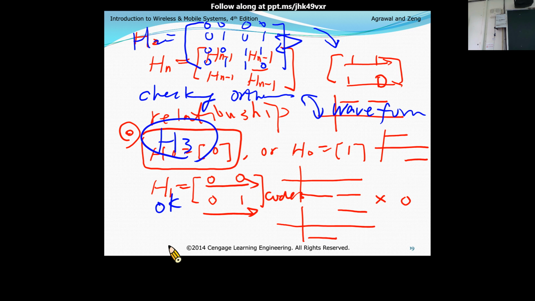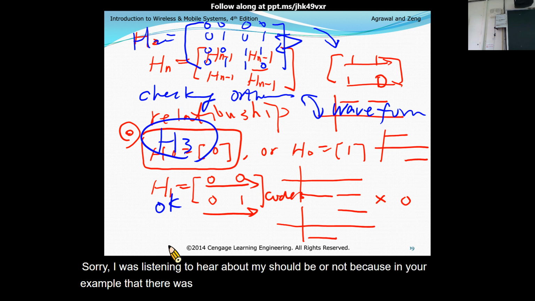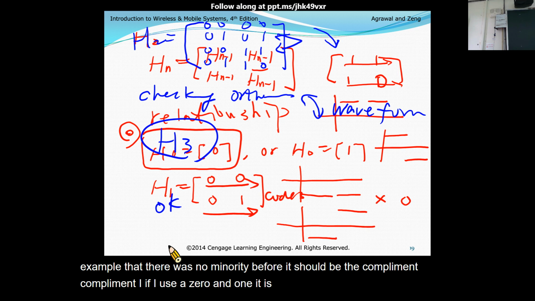Sorry, should there be a minus or not? Because in your example, there was no minus before. It should be the complement. If I use 0 and 1, it is the complement. Oh, minus here means complement.